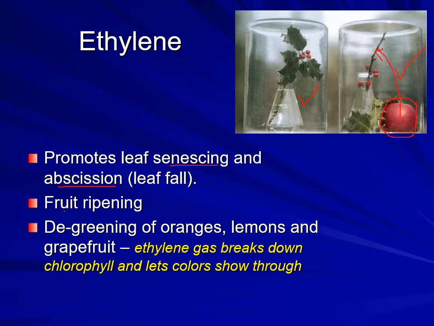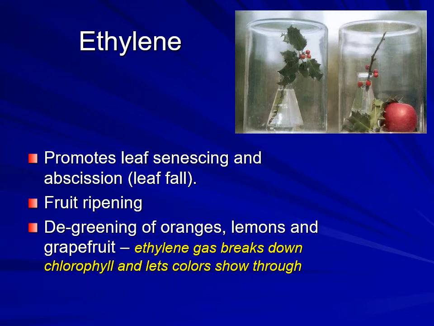It also causes fruit to ripen. I mentioned the apple. Got a couple other examples coming. And then on top of that, it also causes the degradation of chlorophyll. So we call that degreening. So in oranges, lemons, and grapefruits, that's a common industrial practice to make them look more ripe when they come to the grocery store.